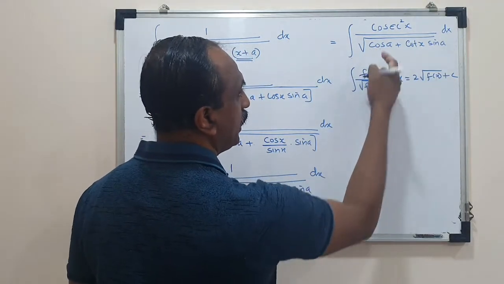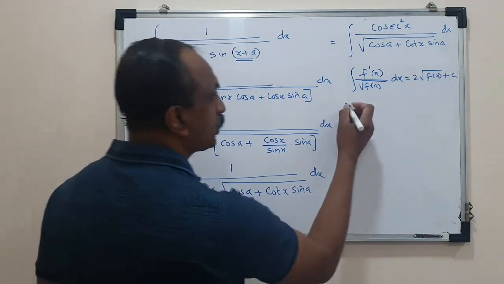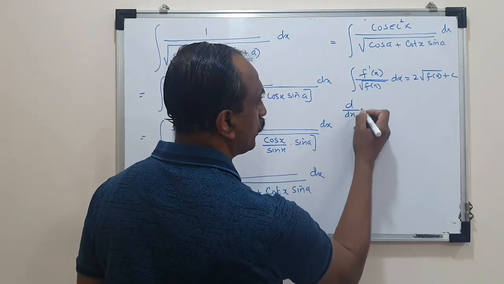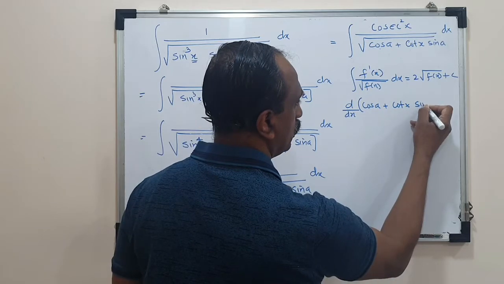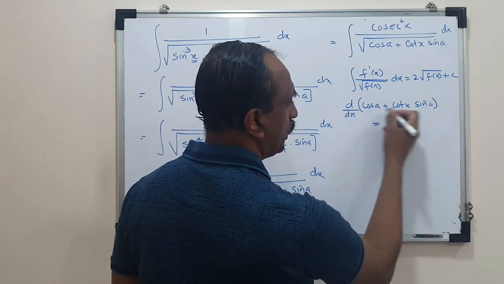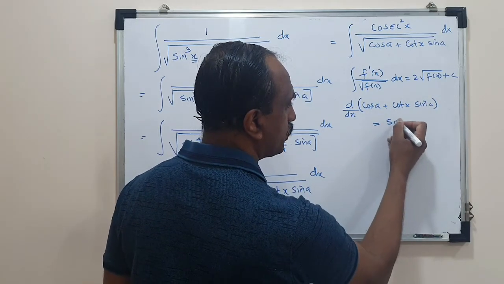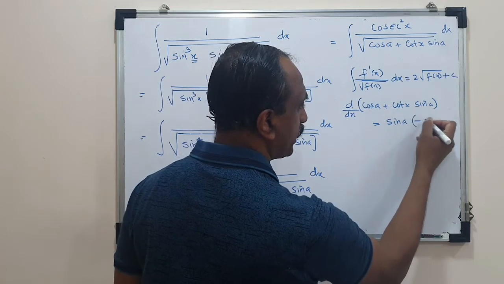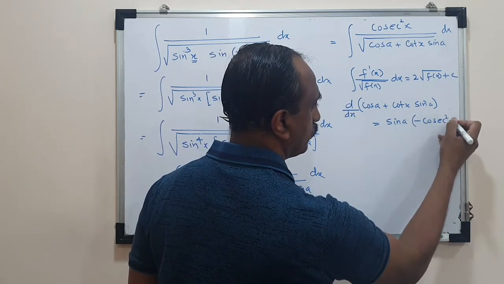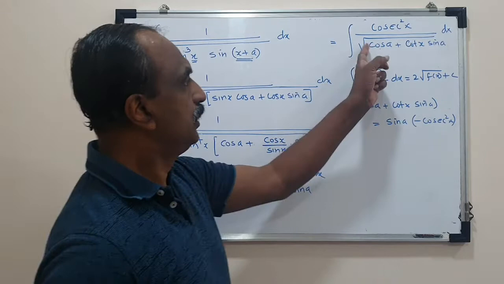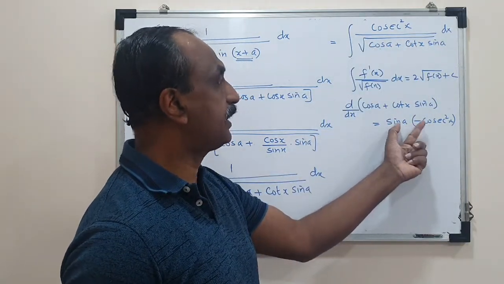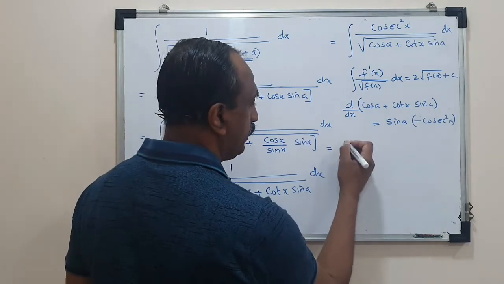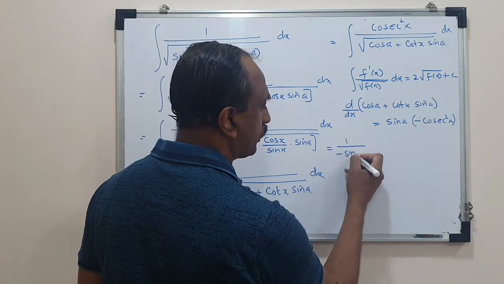Derivative of cos a is 0 because you are differentiating with respect to x. The derivative will be, this is 0, this sin a comes outside, and derivative of cot x is minus cosec square x. Which means the derivative of this only I am missing with a constant, minus sin a is missing.